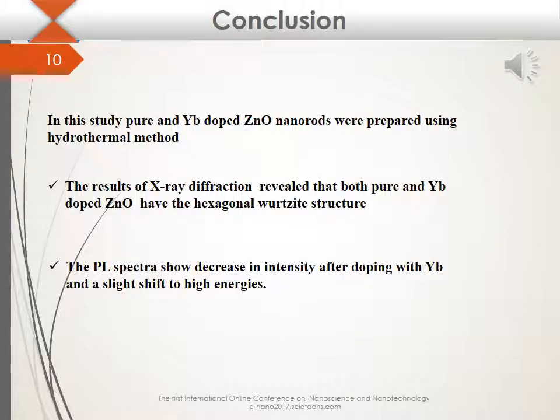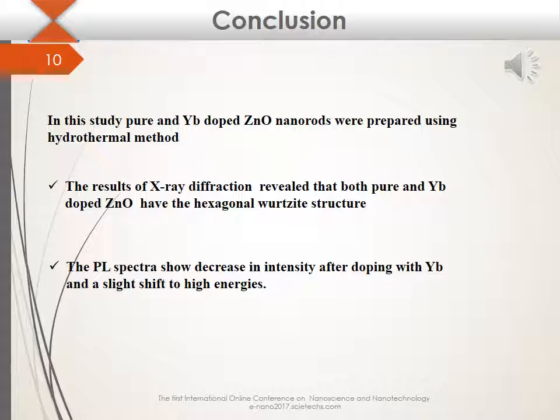In conclusion, pure and ytterbium doped zinc oxide were prepared using the hydrothermal method. Structural and morphological properties have been studied using X-ray diffraction and scanning electron microscopy. The results revealed that both pure and ytterbium doped zinc oxide have the hexagonal wurtzite structure with 100 as a preferred orientation for the growth of ytterbium doped zinc oxide.